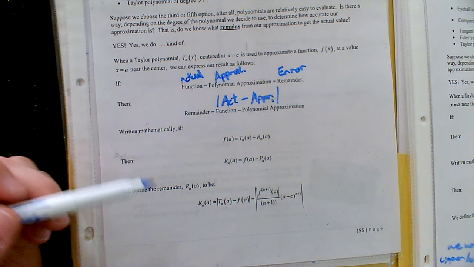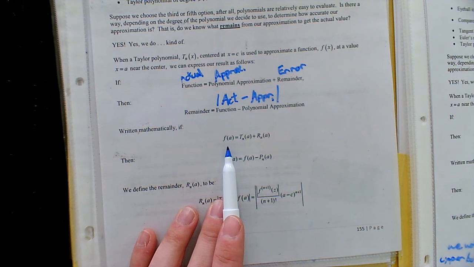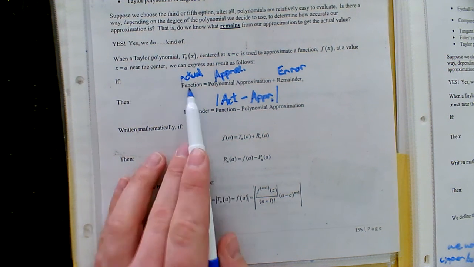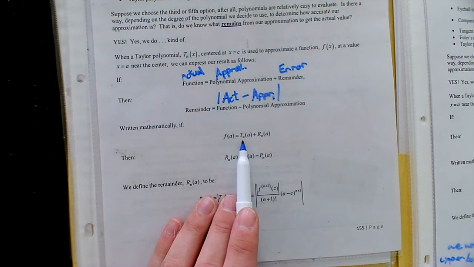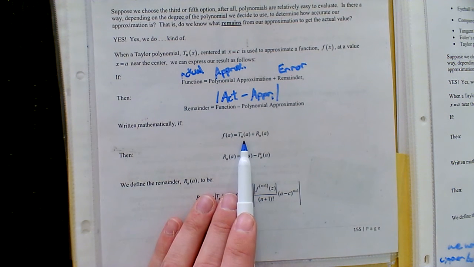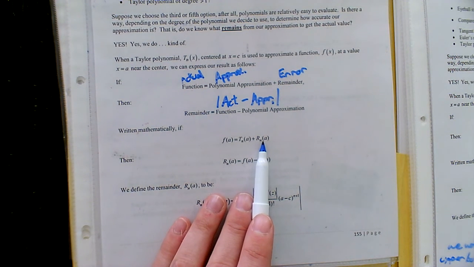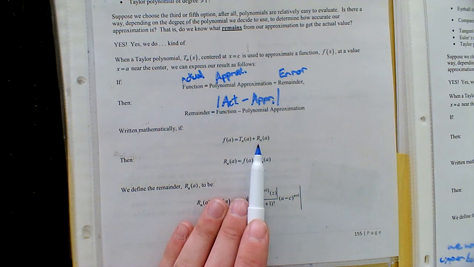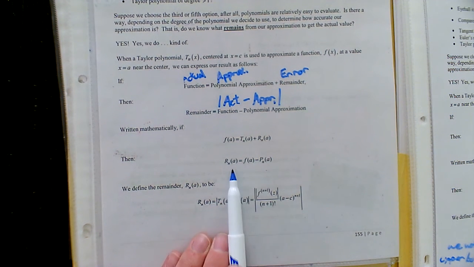So mathematically, in the terms we're going to use, again, some function evaluated at A, that's a restatement from up above, that's your actual, is equal to this Taylor polynomial, evaluated at some A, plus the remainder or the error at that value A. But again, what we're looking for is that remainder or the error.